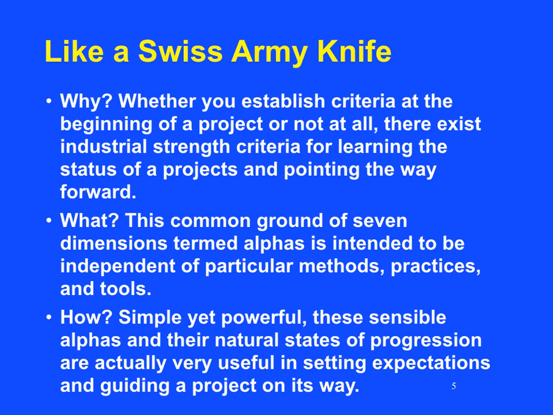How? Simple yet powerful. These sensible alphas and their natural states of progression are actually very useful in setting expectations and guiding a project on its way, and in guiding a software industry that has lost its way.